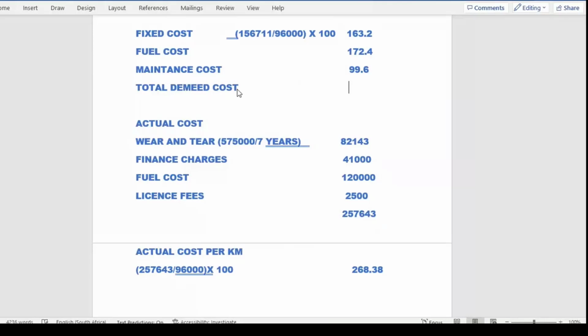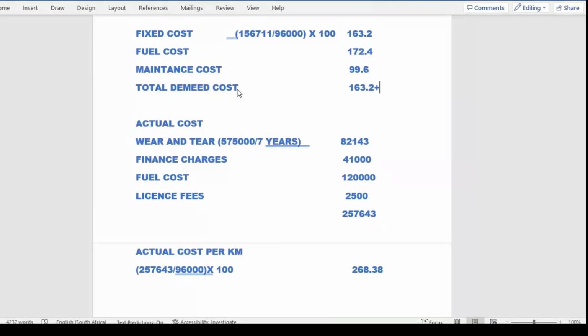Okay, then let's look at our actual deemed cost. It's 163.2 plus 172.4 plus 99.6.